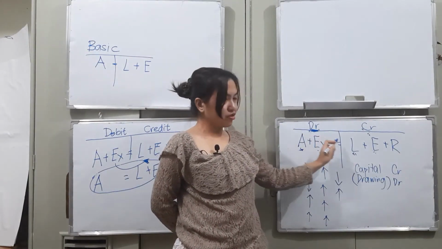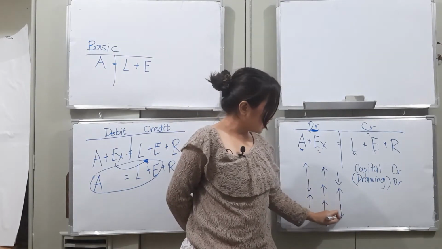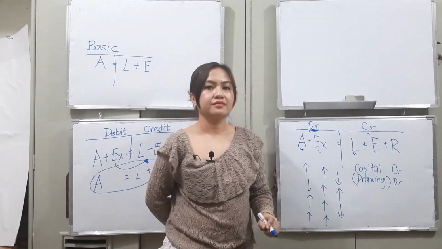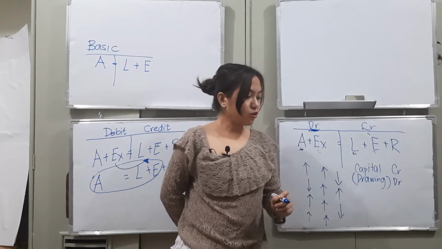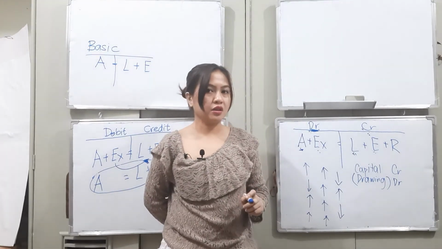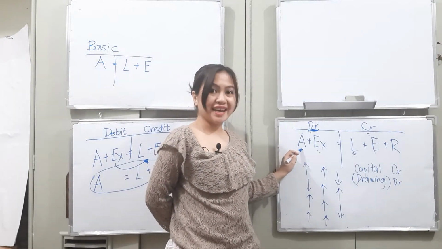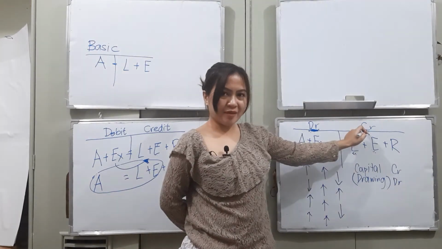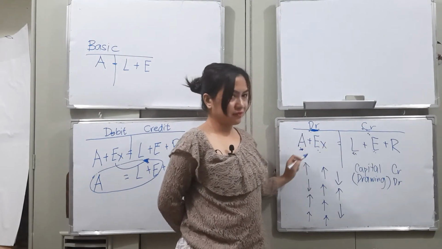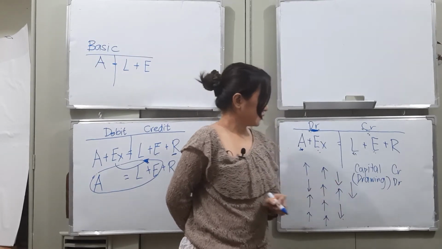So, if it's the opposite, the effect is decrease. And lastly, accounts receivable. It's an asset. But it was credited. So, what happened? Opposite. So, it's a decrease.